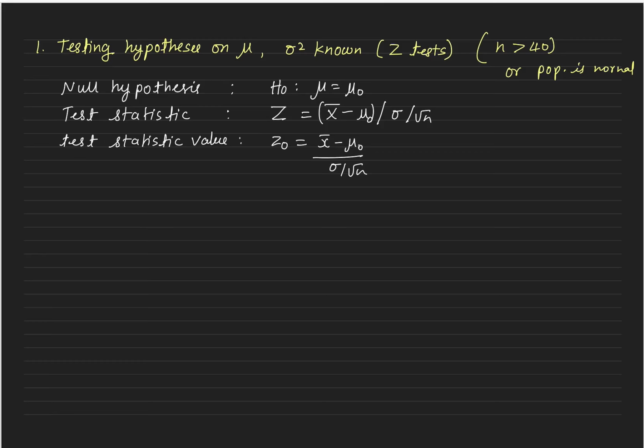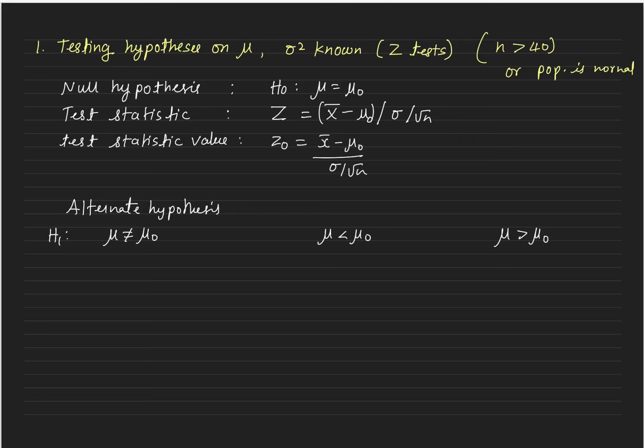Now, once we have this, it also depends on the alternate hypothesis. We have three different cases: mu is not equal to mu naught, mu less than mu naught, or mu greater than mu naught.